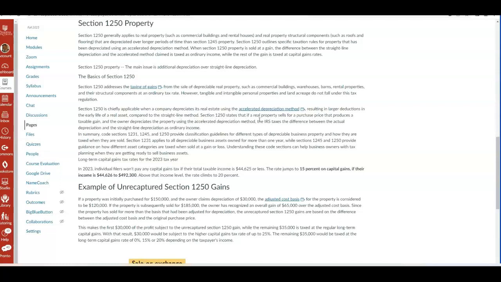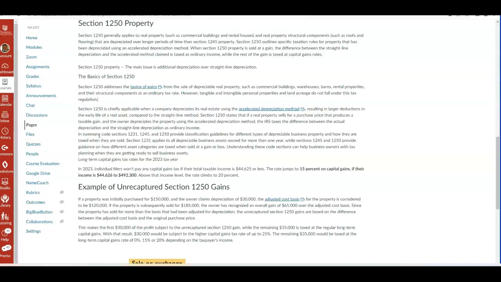Section 1250 states that if a real property sells for a purchase price that produces a taxable gain, and the owner depreciated the property using an accelerated depreciation method, the IRS taxes the difference between actual depreciation and straight line depreciation as ordinary income, which we just covered.